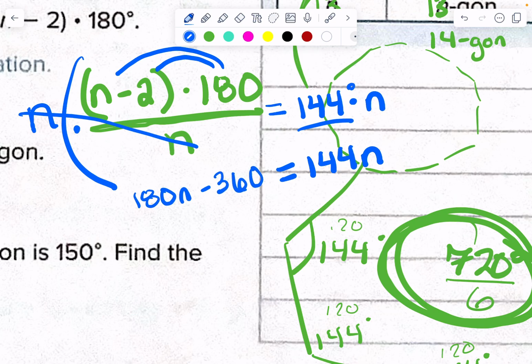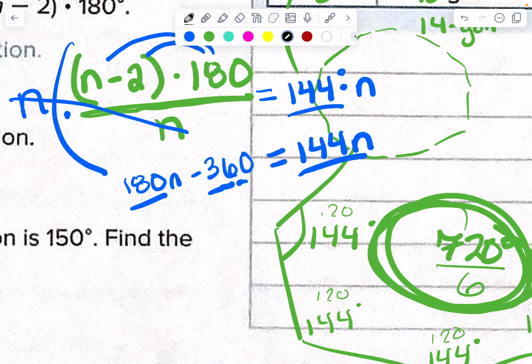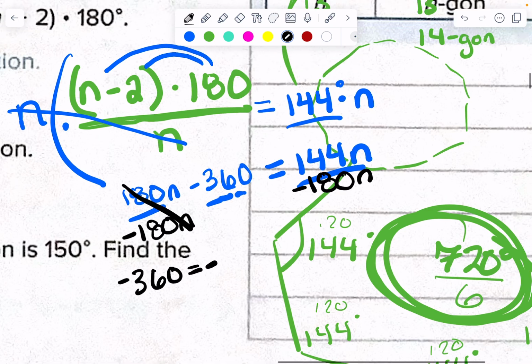And now I just have an algebra problem. I've got these three pieces, and I just have to get n by itself. So I'm going to subtract the 180n over here, minus 180n, and I'm going to end up with negative numbers. I've got negative 360 equals 144 minus 180, which is negative 36n.